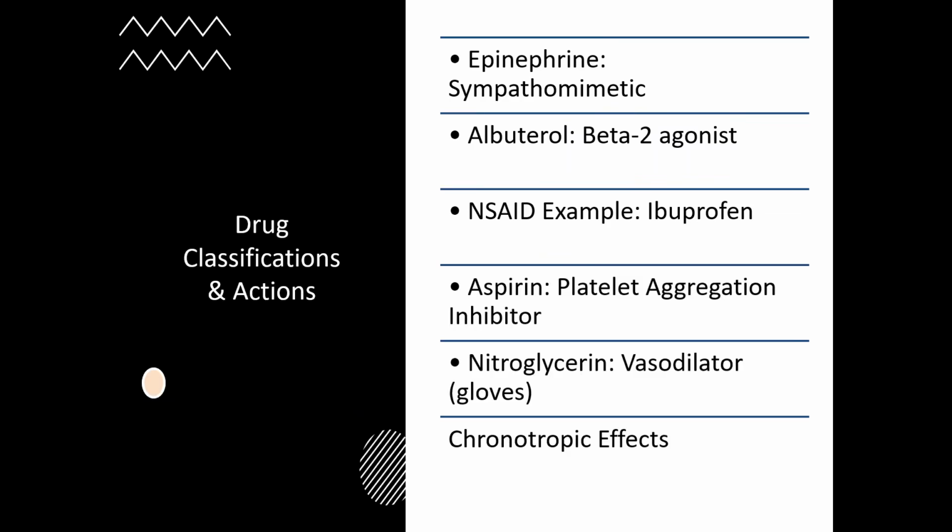We use it for cardiac related chest pain when we suspect the patient's having an MI, to reduce platelet aggregation. We don't use that for pain. You just don't. Now, you may take some aspirin at home for a headache, fine, but that's not why we use aspirin.